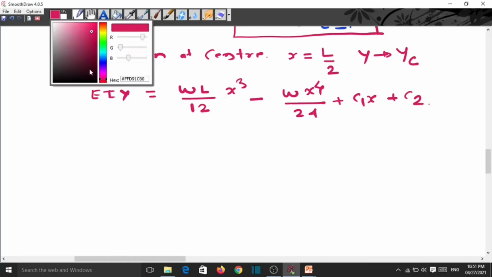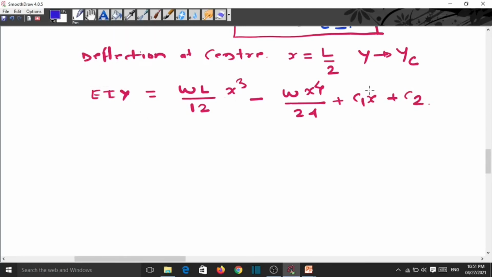So we know that here C1 is minus WL cube by 24, and C2 is equal to 0.